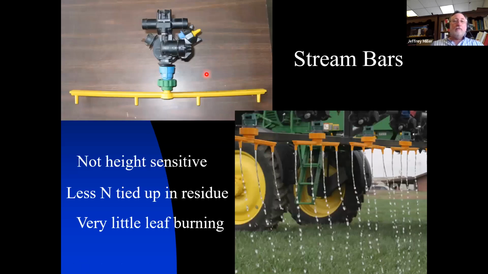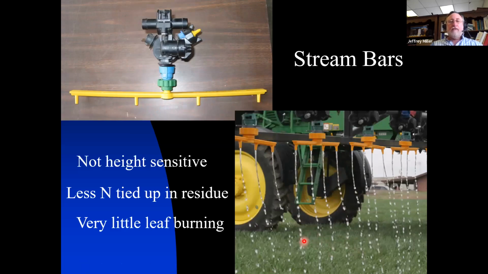Stream bars: this is a stream bar, attaching right to your boom, and it spreads the application out, in this case into 4 different drip lines. You can see what it does, you do have better distribution, and you have large drip sizes.